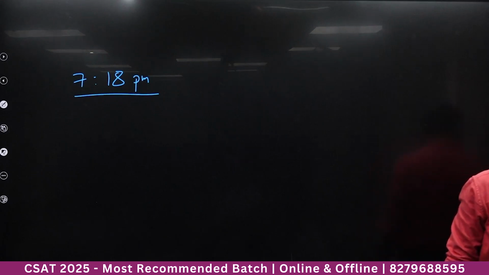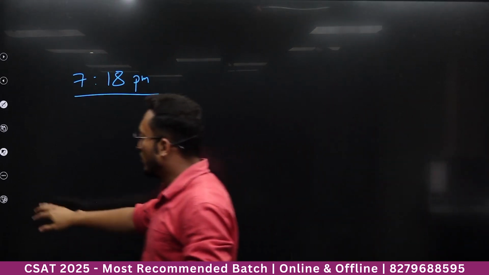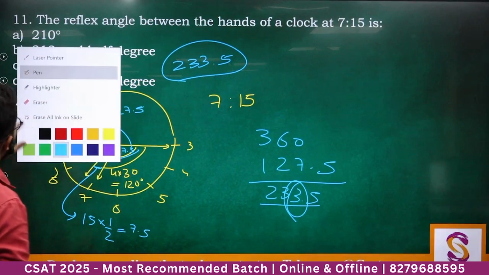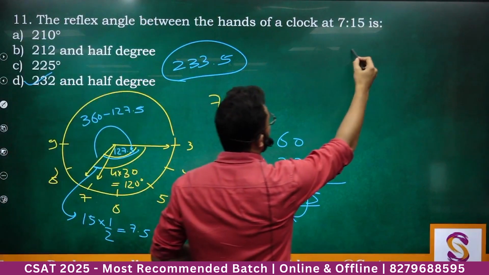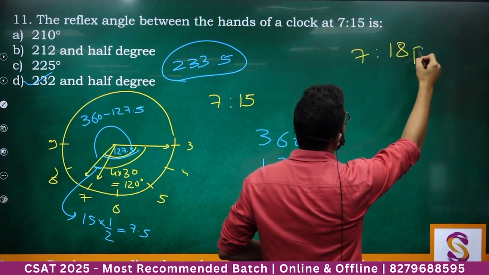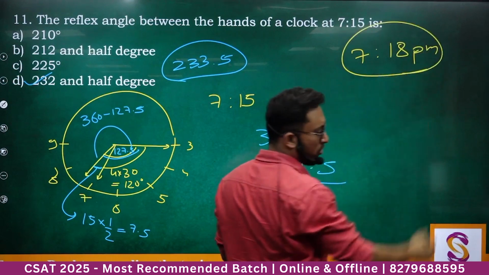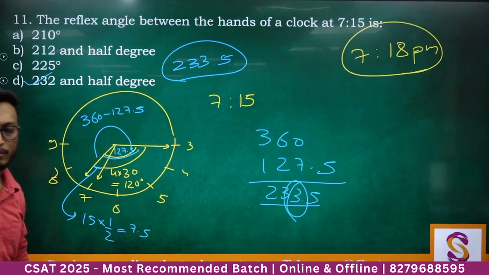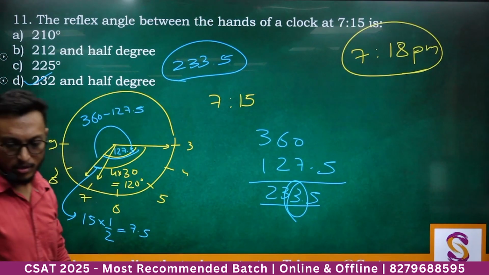Please put the previous slide. All of you calculate it at 7. Wasn't 18 written? Calculate the angle between the hands of the clock at 7:18.